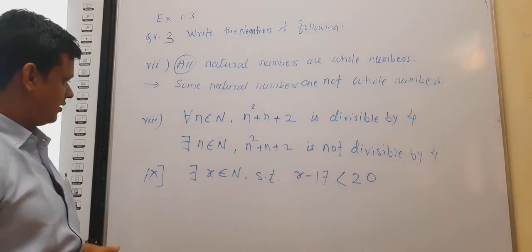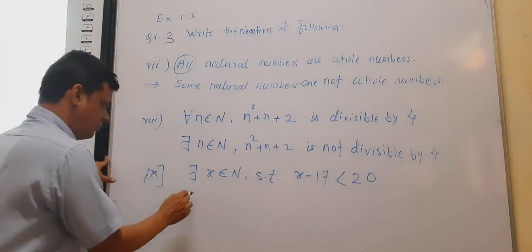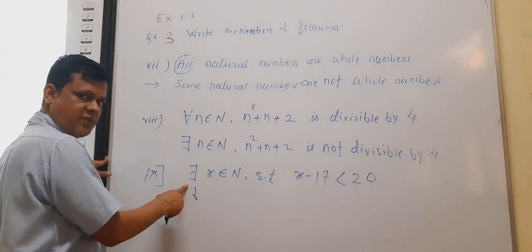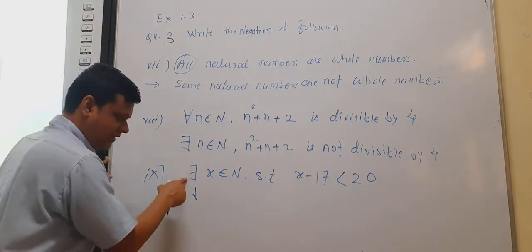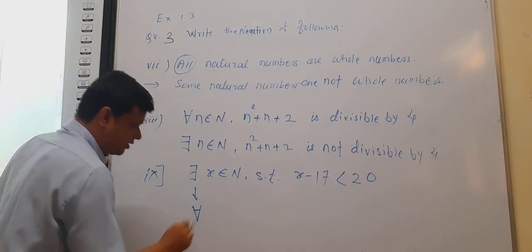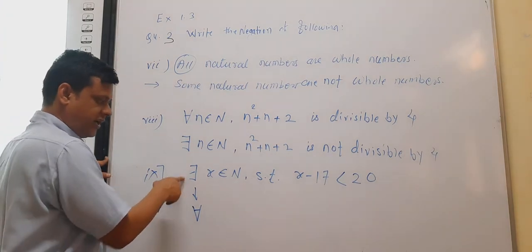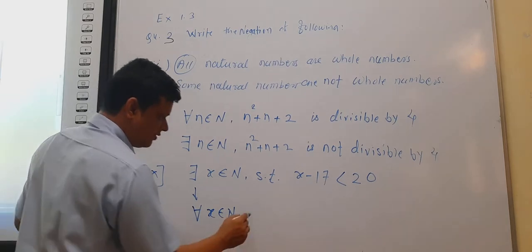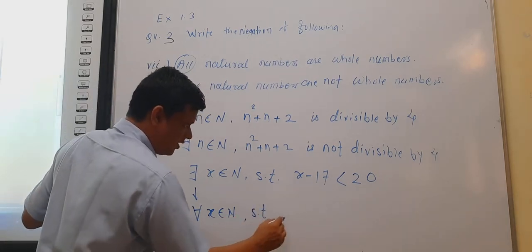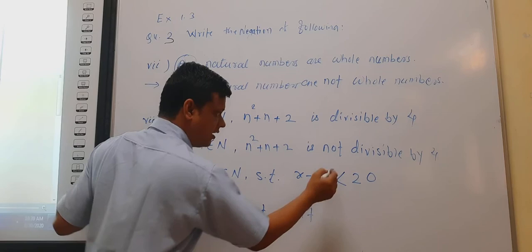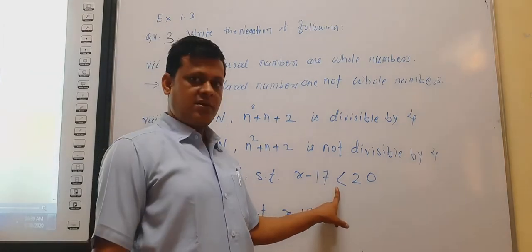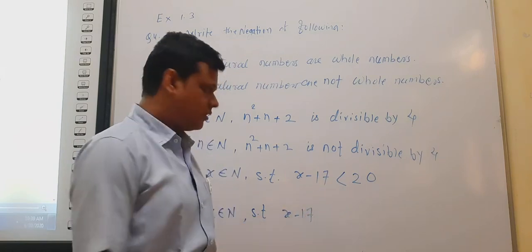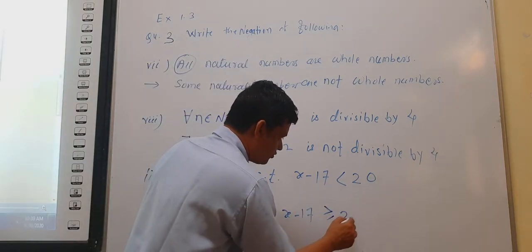Next example. Now here is existential quantifier. We have to replace this existential quantifier by universal quantifier. That means there exists becomes for all x belongs to N such that x minus 17, again here is strictly less than, which we have to change into not strictly less than, or greater than or equals to 20.